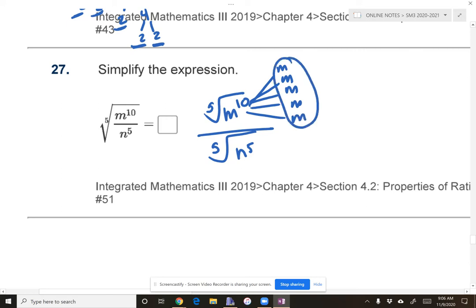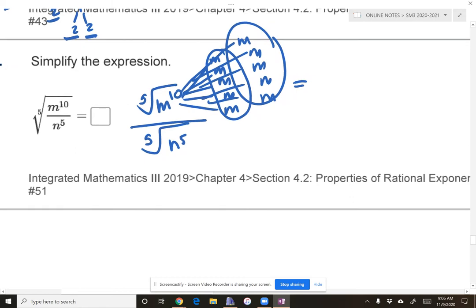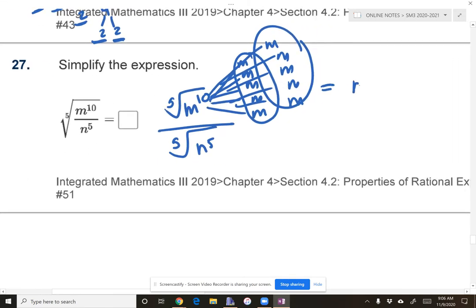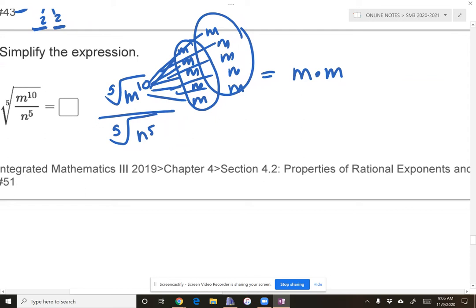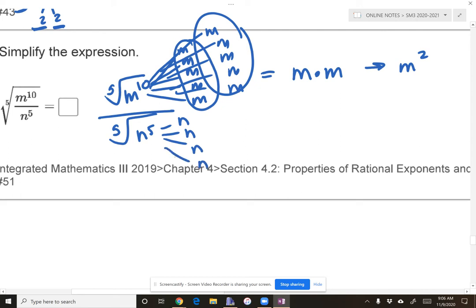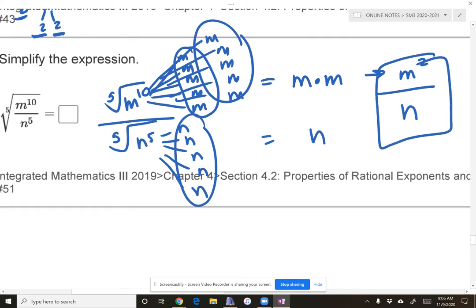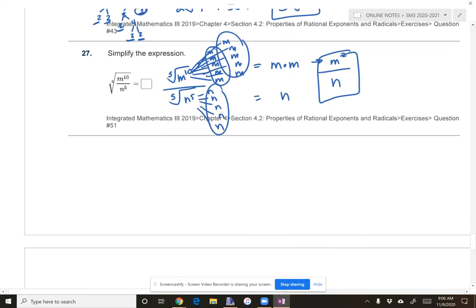There's a group of 5. There's another group of 5. So on top, I have nothing left over because 5 and 5 is 10. I have 2 groups of m, or m squared, right? And on bottom, I have 1 group of n, which is just n. M squared over n. Pretty simple.